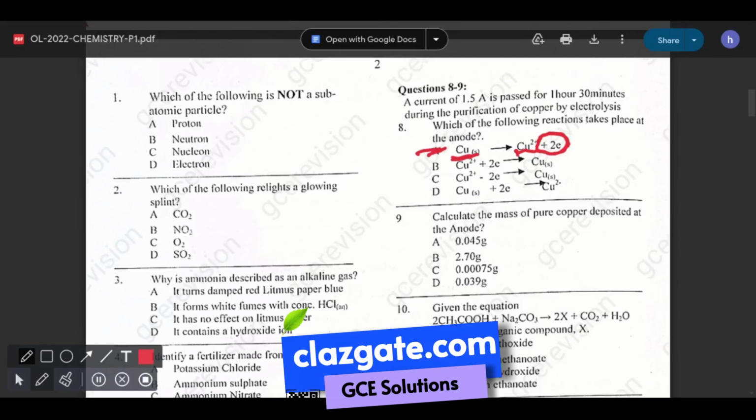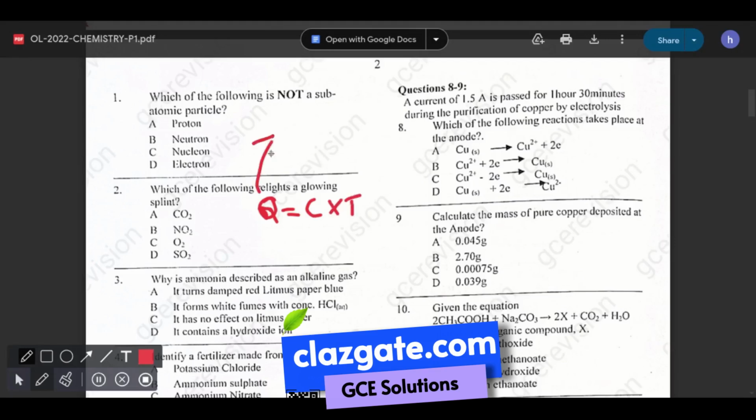And then calculate the mass of pure copper deposited at the anode. In order to calculate the mass of pure copper deposited at the anode, there are a few things we have to do first. We will have to calculate the total charge used during electrolysis. We know that charge, depicted as Q, is equal to current times time.